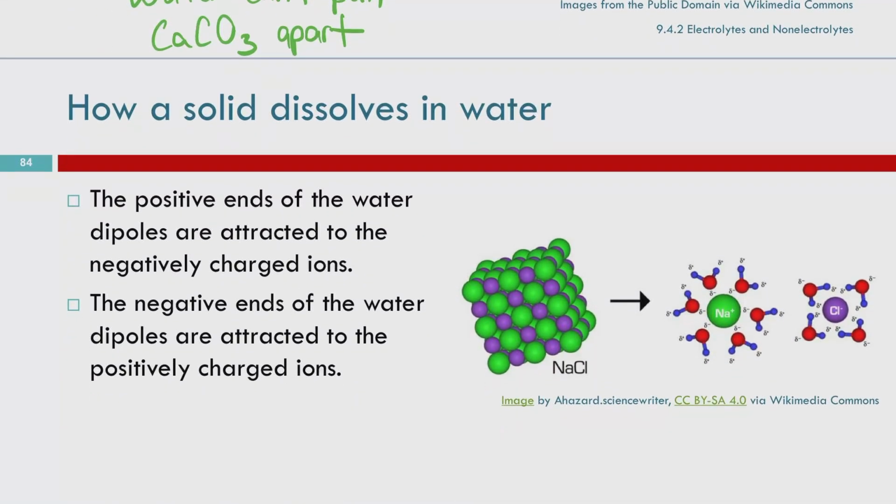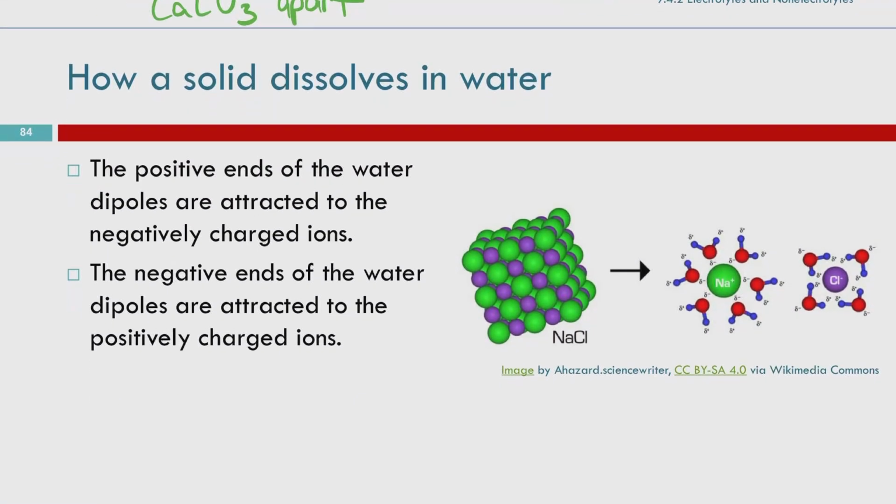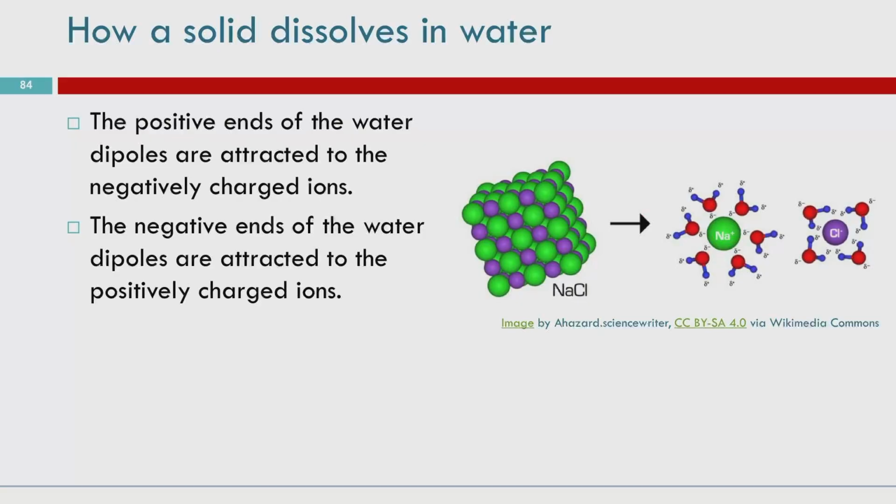The way that a solid dissolves in water, if we have sodium chloride, which we know dissolves in water: the water molecules are polar. They've got poles. They've got a negative side and a positive side. And they're going to surround the sodium and the chloride with the part that complements the charge.